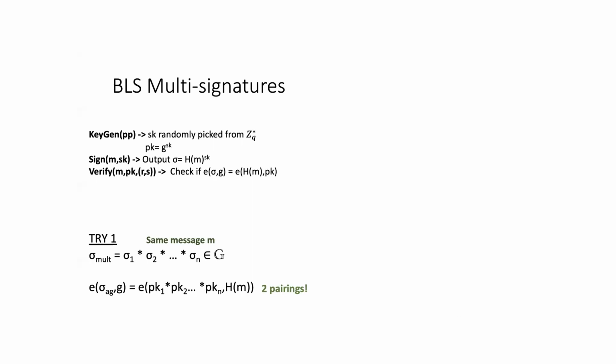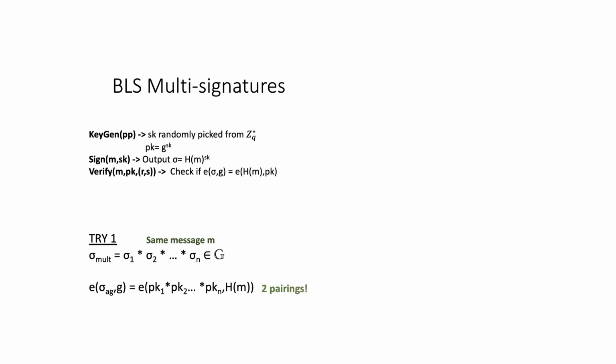So basically I'm multiplying all the signatures together, and now verification looks even simpler because on that side I'm still taking the same pairing as before. Actually, I forgot to change the subscript here, that should be the multi-signature. And luckily I only need 2 pairings here, by just multiplying all the public keys together and taking the hash of the message, because there's a single message here.